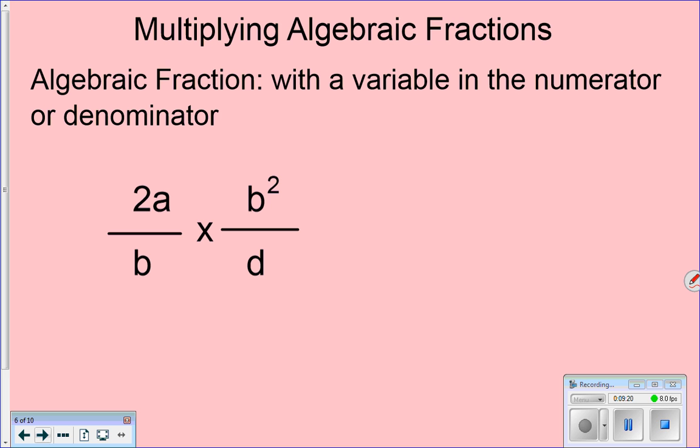It's actually very simple. So it's an algebraic fraction. An algebraic fraction is a fraction that has a variable in either the top, in the numerator, or in the bottom. Notice this. Both of these have variables on both top and bottom.